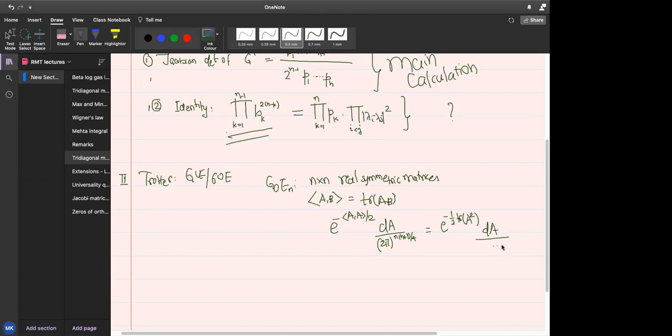The GUE matrix is exactly the same. Yesterday I defined it differently, but it is the standard Gaussian measure on the space of n cross n complex Hermitian matrices. The most important property of the standard Gaussian measure on any space is orthogonal invariance. Orthogonal invariance tells you that under orthogonal transformations of the Hilbert space, the measure stays invariant.